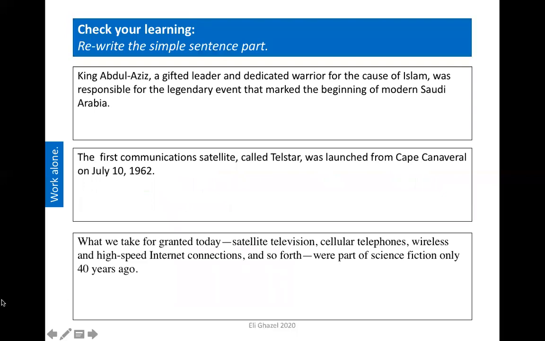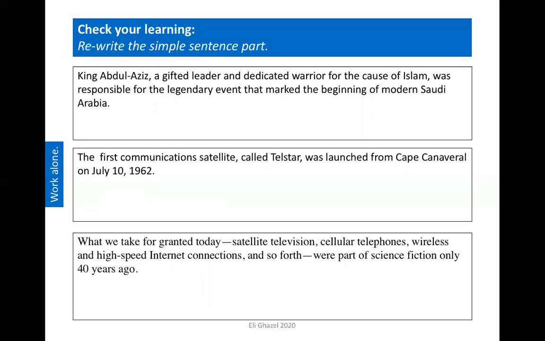Now, let the students work alone. We gave them 3 sentences and we asked them to look at the complex sentence and rewrite the simple sentence part. Give them some time to do it by themselves, okay? Once they are doing it by themselves, you go around, you check their work, you make sure that they know what to do and they are doing it correctly, and you help the people that need help.